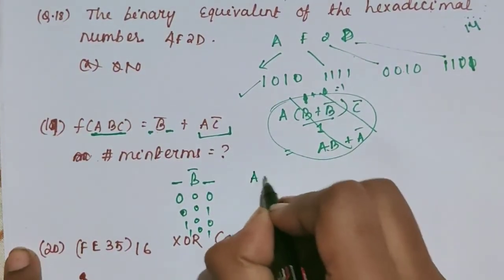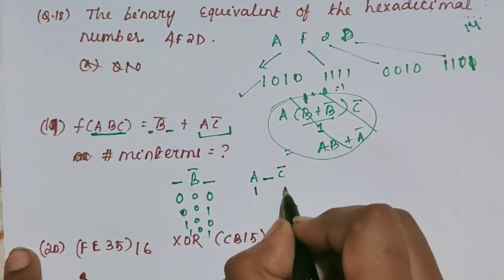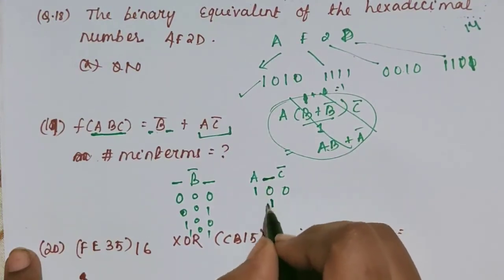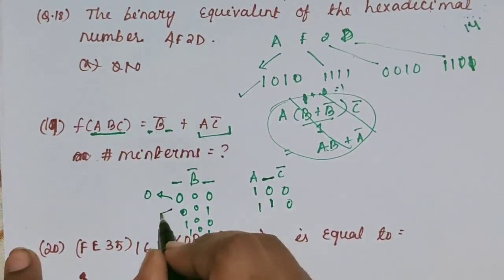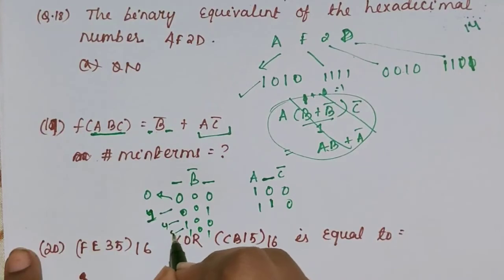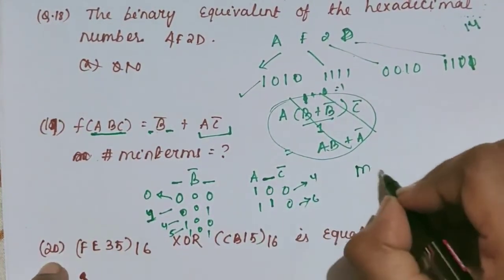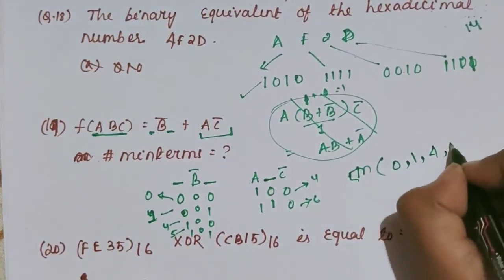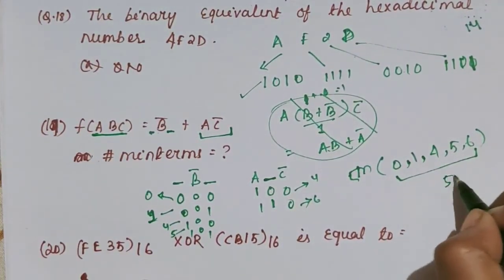And for a c bar, b is absent: for a it is 1, for c it is 0. For the middle one you can take 0 and 1 for one variable. So this is 0, this is 1, this is 4, this is 5, and 6. So the min terms are sigma of 0, 1, 4, 5, 6. So there are 5 min terms present, as simple as it is.